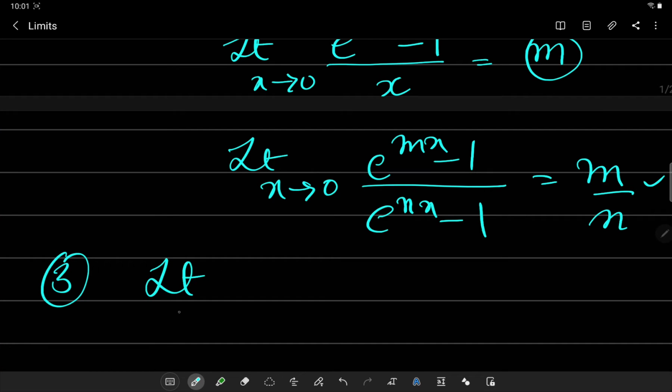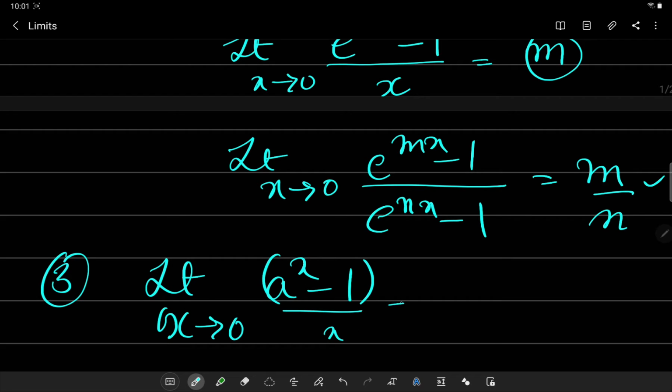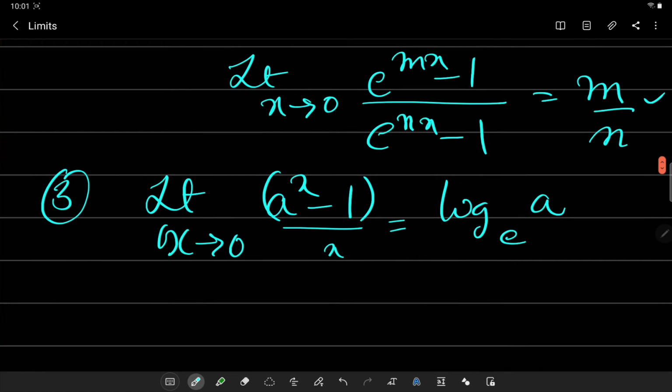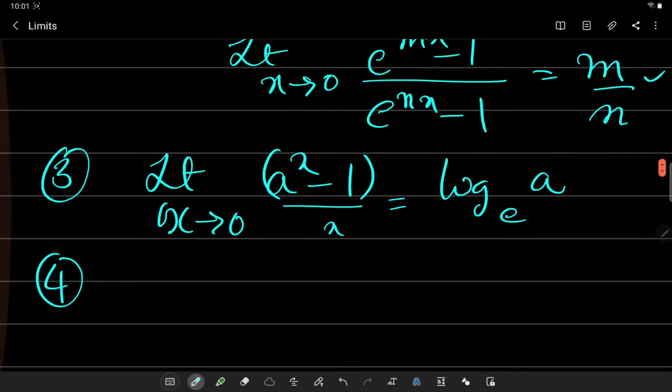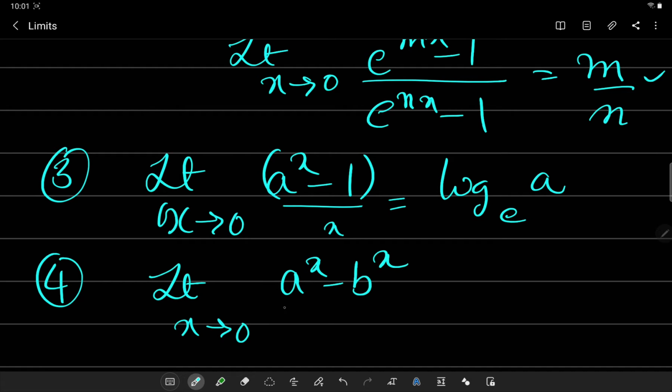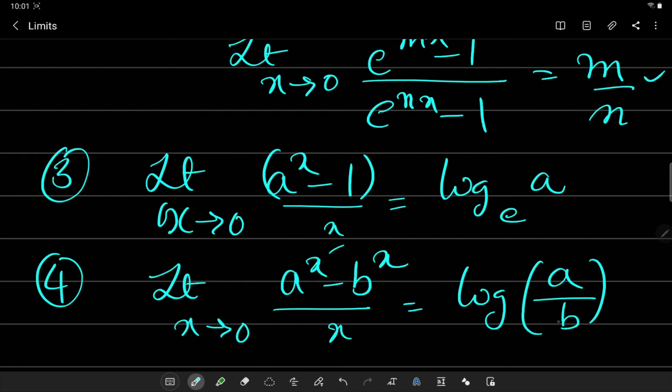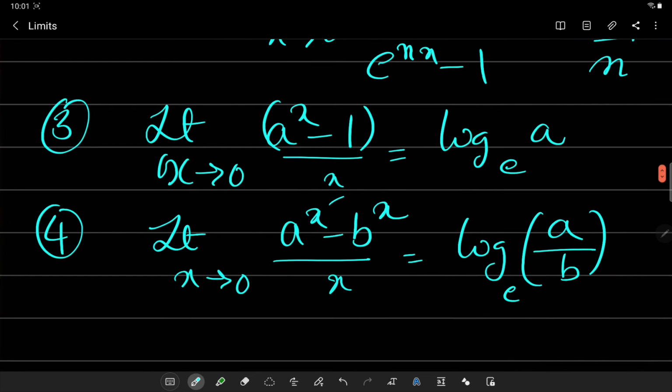We also have another form, limit x tends to 0 of (a^x minus 1) divided by x, which is simply log base e of a. The next form is limit x tends to 0 of (a^x minus b^x) divided by x, which is log of a divided by b with base e.